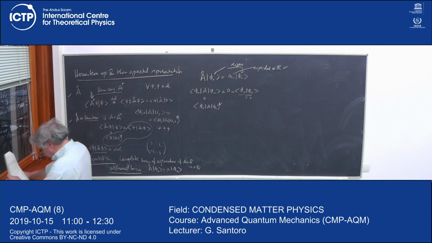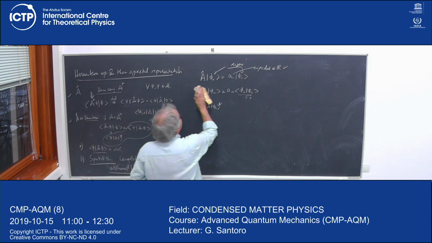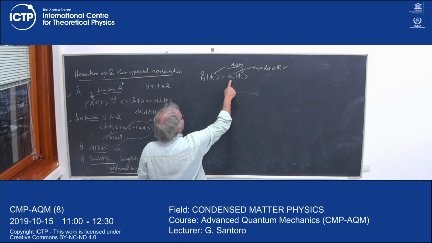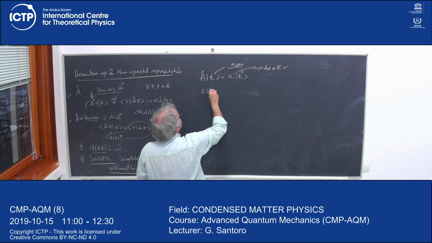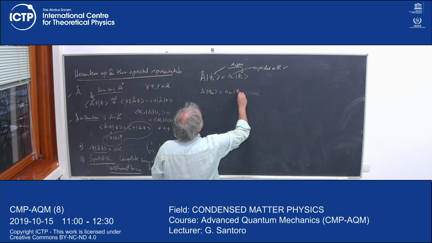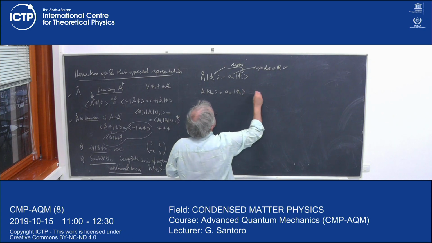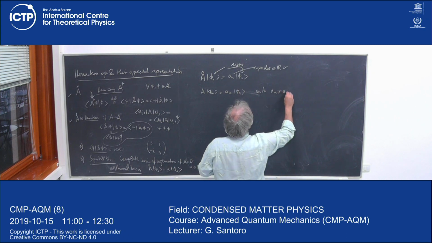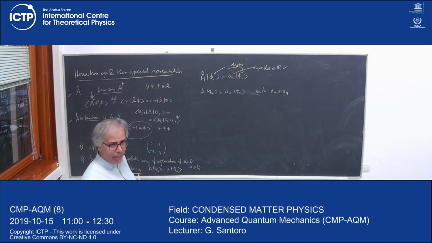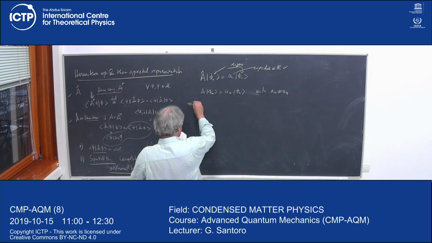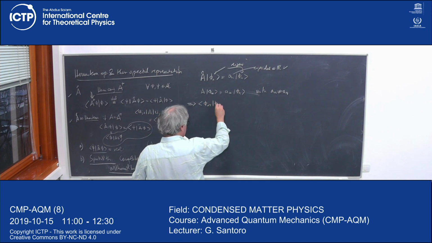But now, let me show you that if I have two vectors, one with a n and another with a m, a different eigenvalue, okay, with a m different from a n, not the same, a different eigenvalue, then automatically the two vectors are orthogonal.